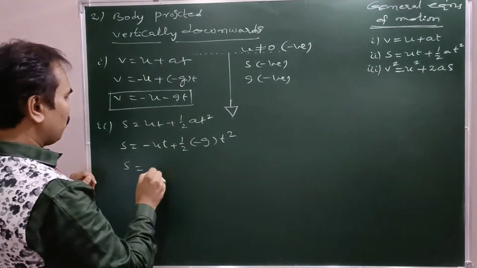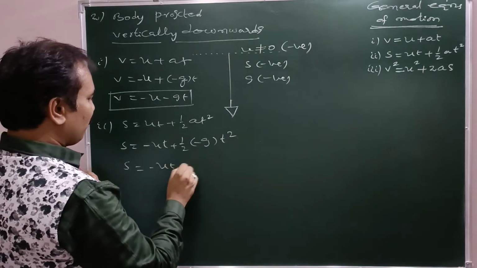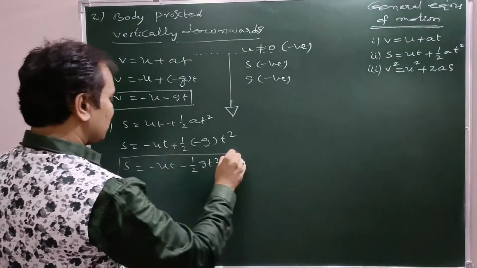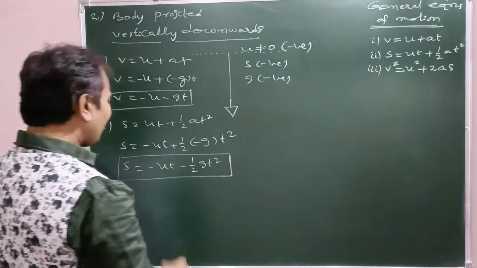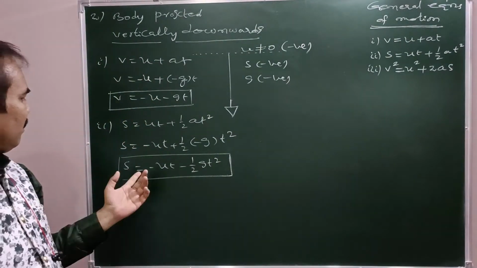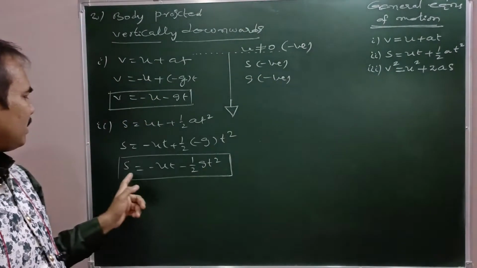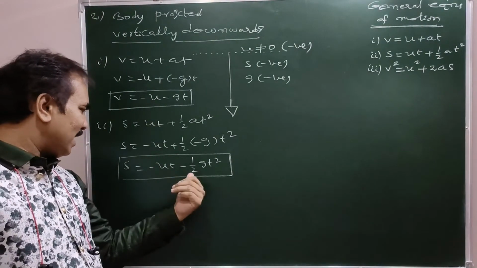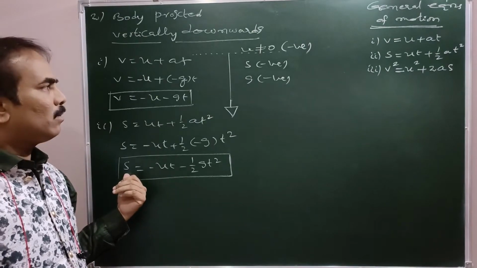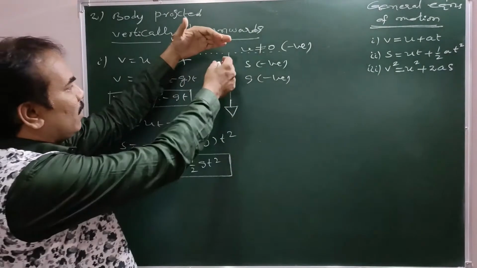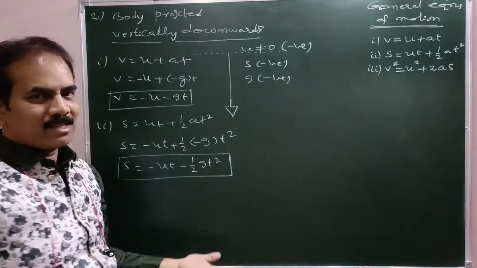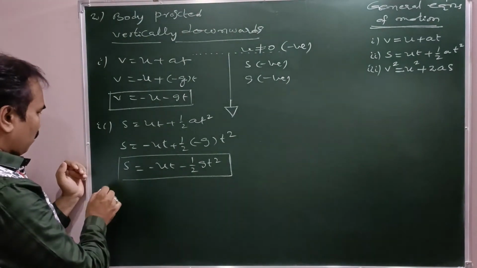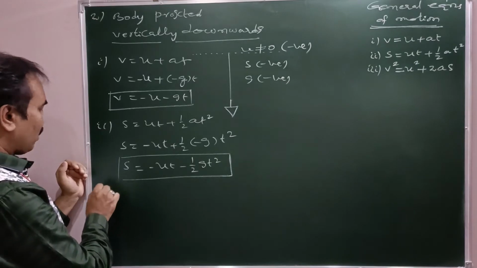So s equals minus ut minus half gt square. This is the second equation of motion. Here both terms are negative, therefore s is also negative, because the body is moving on a vertical line below the axis.